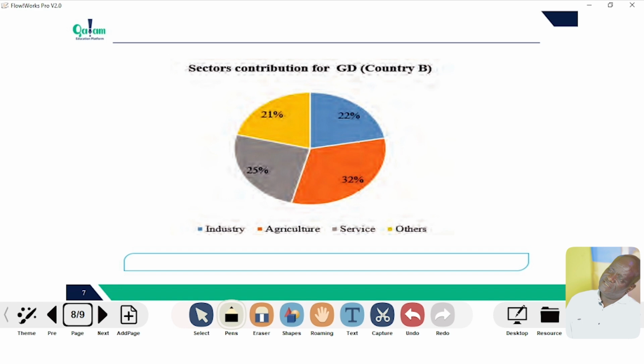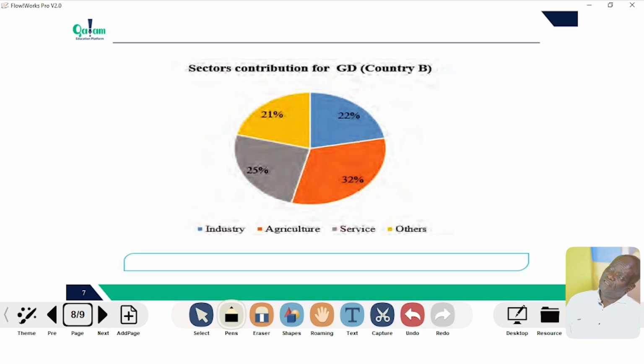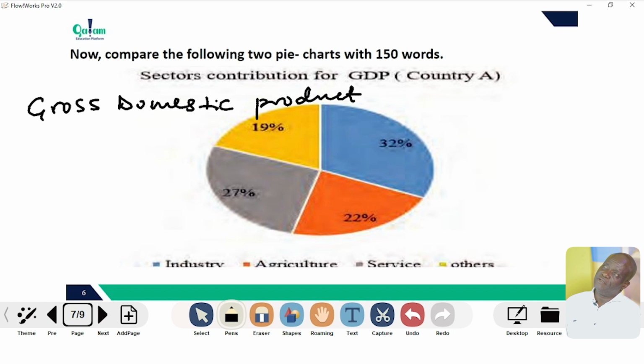Country B has 25% services. Country A has 27% services. Country B has 21% others, while country A has 19% others.